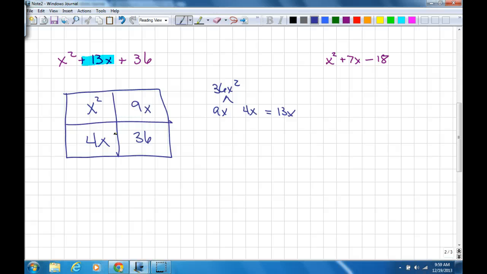What can I factor out of the top row? An x. How about the second row? How about the right column? It's a 9, right? So now my factors of this one are x plus 4 and x plus 9.